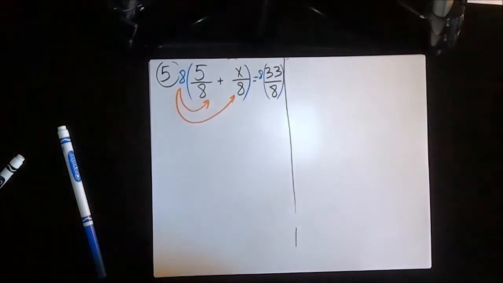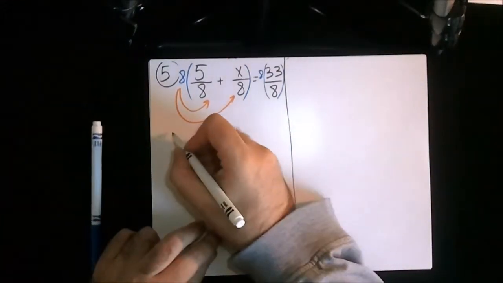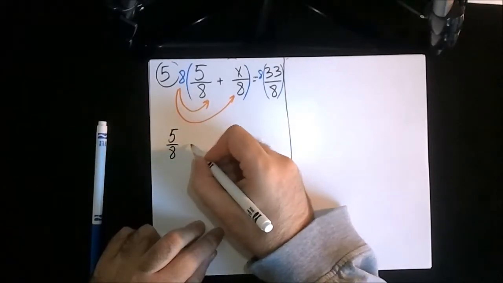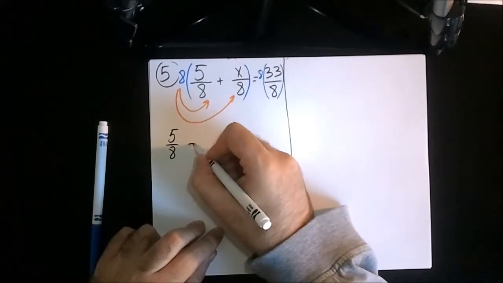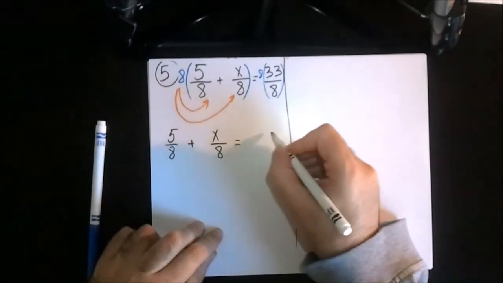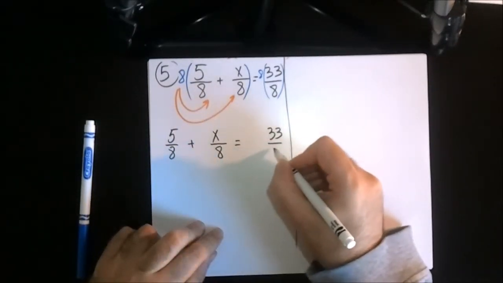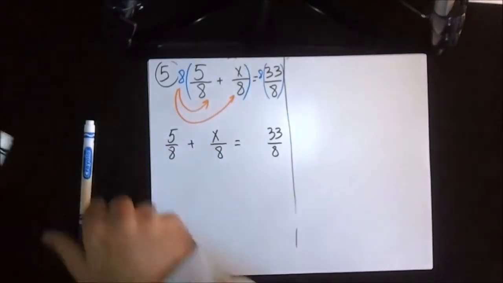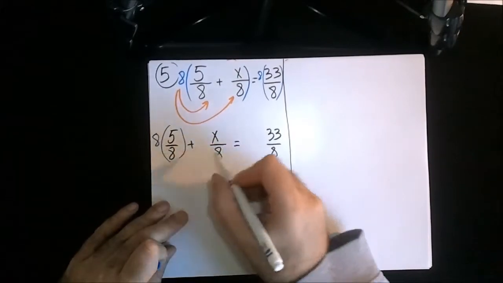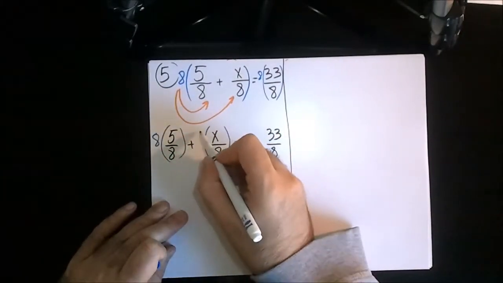First step though is to distribute that 8. So I'm going to distribute my 8 first. That times 8. That times 8.